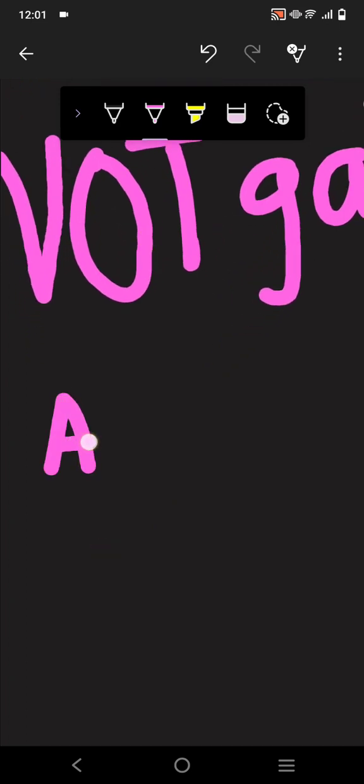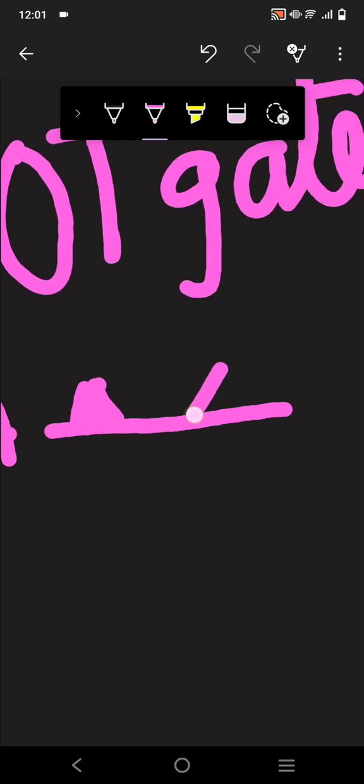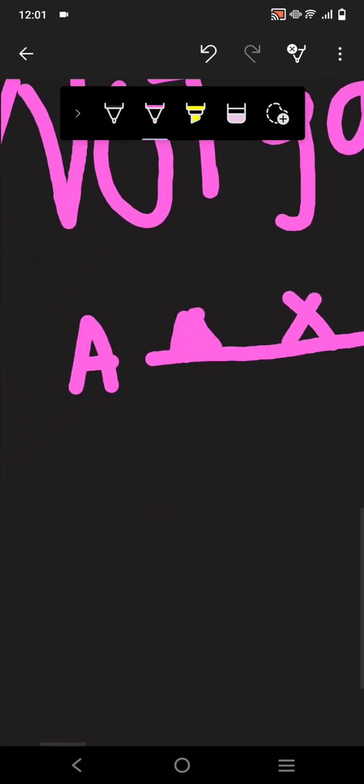This is A, for example, and this is the line, or as I told you, this is the delta, and this is the output. So here there is only one input and the output will also be one. So that gate is known as, what?